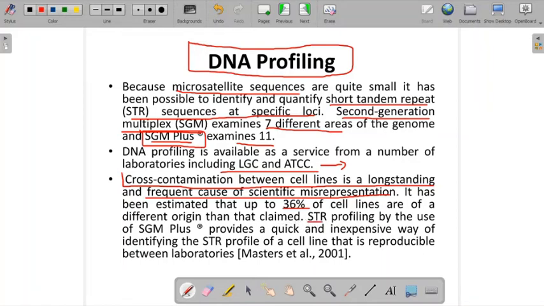So based on these short tandem repeats, we can identify whether that cell line is the same as they said from the origin lineage, whatever the cells are after few generations. So this is one of the techniques.